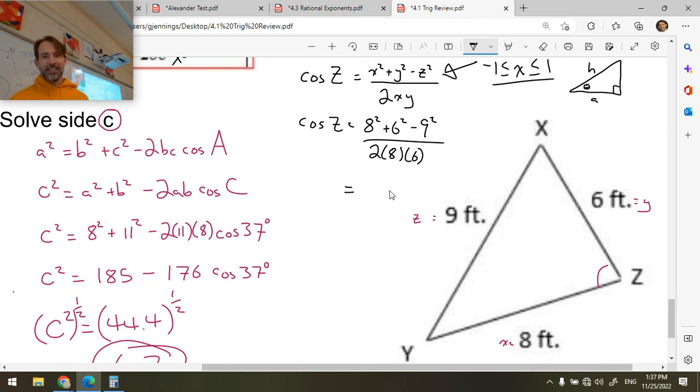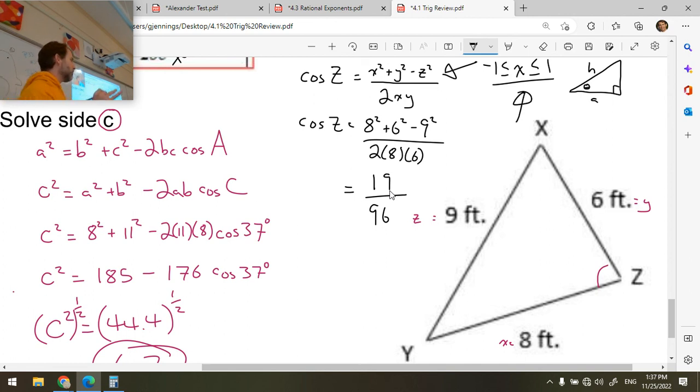That gives us 19 positive over 2 times 8 times 6, which is 8 times 6 is 48, and 48 times 2 is 96. Someone said 96 over here. That's good. Good job. Okay, 19 over 96. Notice that 19 over 96 is between -1 and 1.